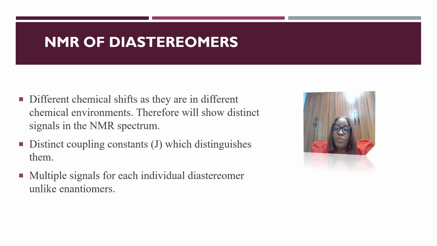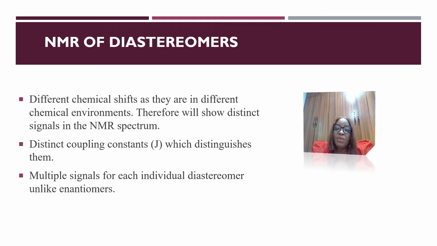NMR of diastereomers. Different chemical shift. The diastereotopic protons, which are protons in different chemical environments, will have different chemical shifts, leading to distinct signals in the NMR spectrum. Distinct coupling constant. The coupling constants, that is the J values, between protons will also be different for diastereomers, further distinguishing them apart.